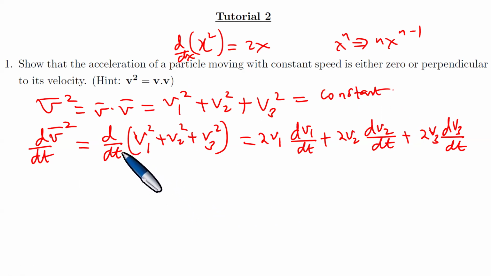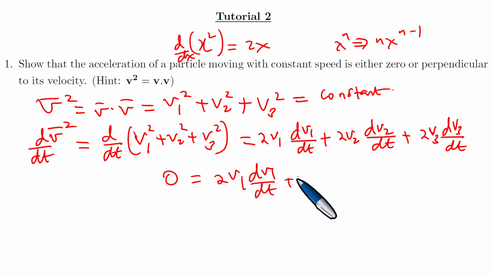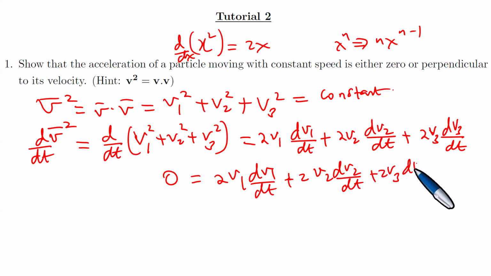Now, if v1 squared plus v2 squared plus v3 squared is constant, it means its derivative with respect to time is 0. 2v1 dv1 dt, 2v2 dv2 dt, 2v3 dv3 dt.